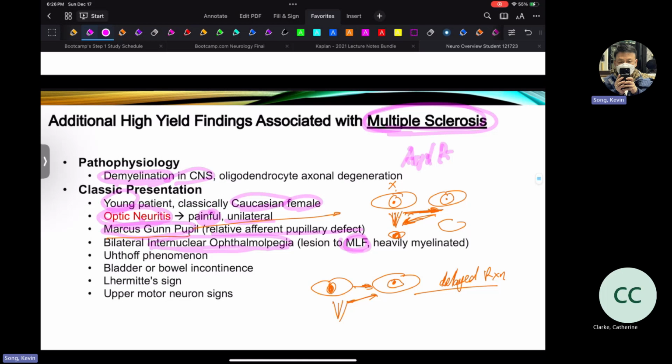Myelin means the neurons are covered with a kind of fatty material. Fat is white, so it's a fatty covering. The neuron is like this, covered with the fatty material like this.